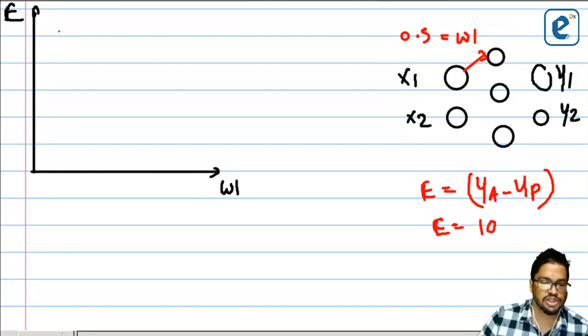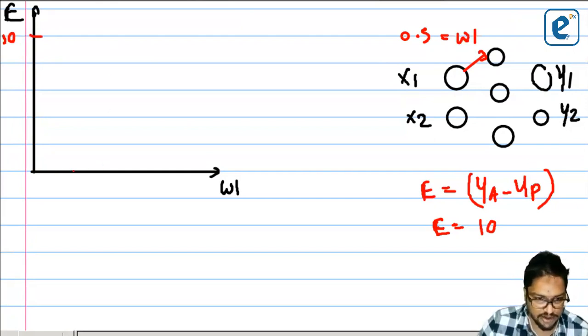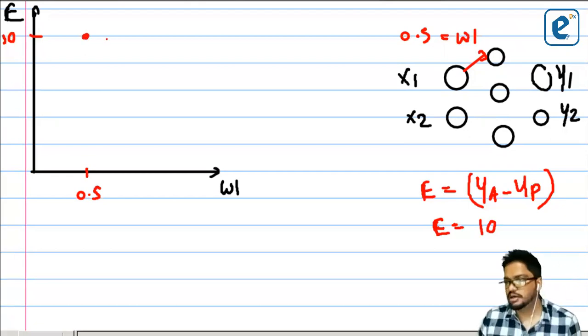So we can mark a point somewhere here, the point with the error and w1. I'm considering only w1.